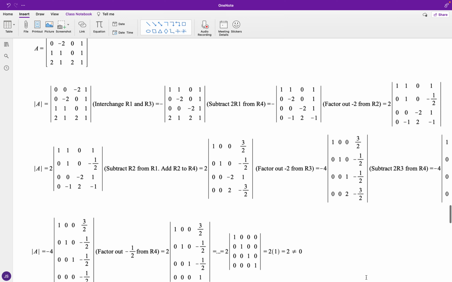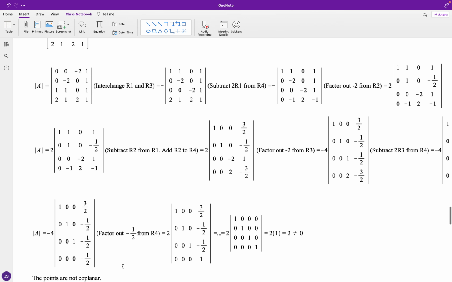So I still had the leading coefficient at negative 4, and I'm about to factor out negative 1 half from the last row. Doing so, negative 4 times negative 1 half is a positive 2. And the last row changes to 0, 0, 0, and 1.